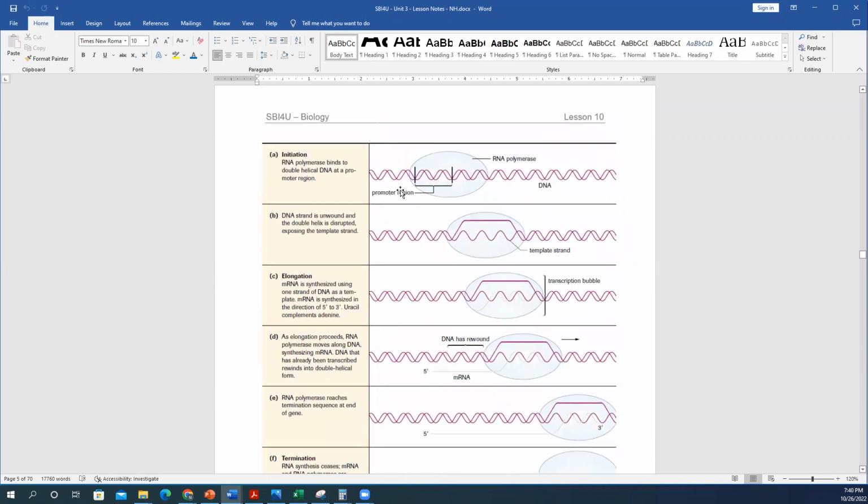So essentially in initiation, you have your RNA polymerase that binds to that double helical DNA. It binds a promoter region. This promoter region is typically an area that is very rich in A's and T's. And the A's and T's, if you recall that diagram where I was pointing out that those two are only held together with 2 hydrogen bonds.